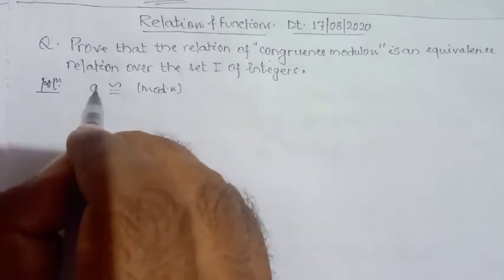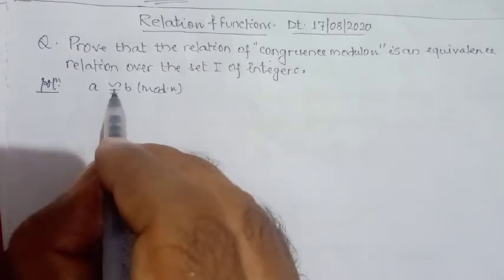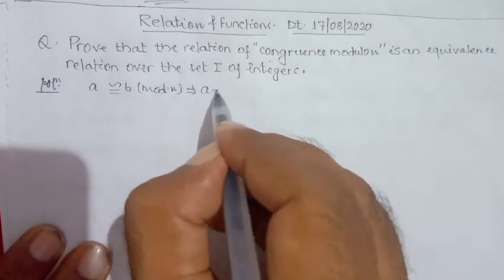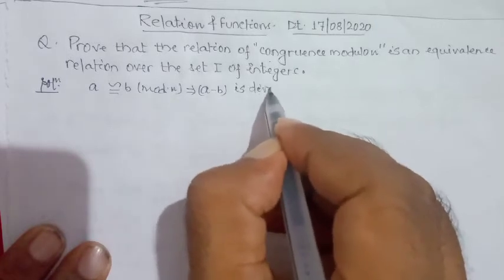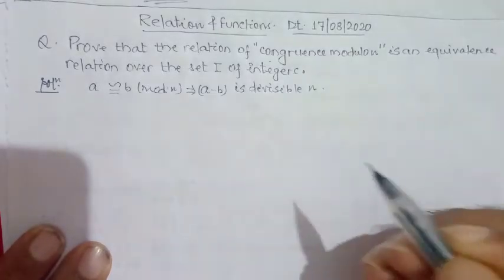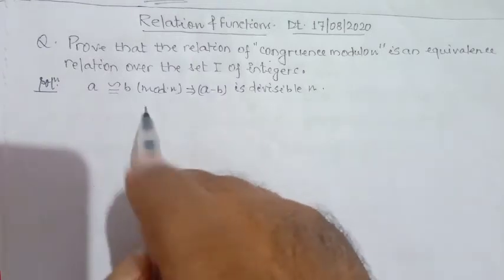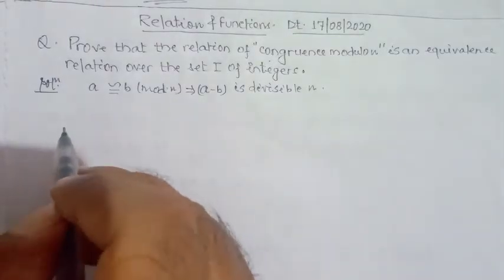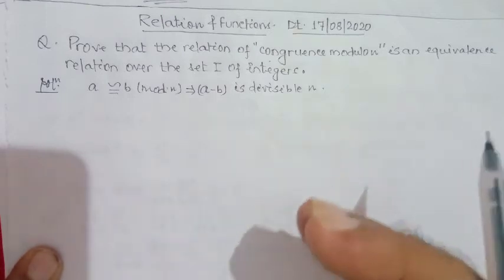If a and b are two integers, then a congruence b modulo n means a minus b is divisible by n. This is the meaning of congruence modulo. So we prove that it is an equivalence relation. For proving equivalence relation, we prove every property point-wise.